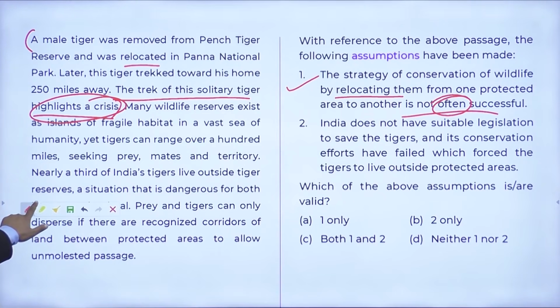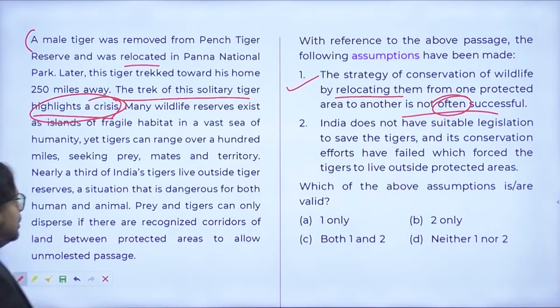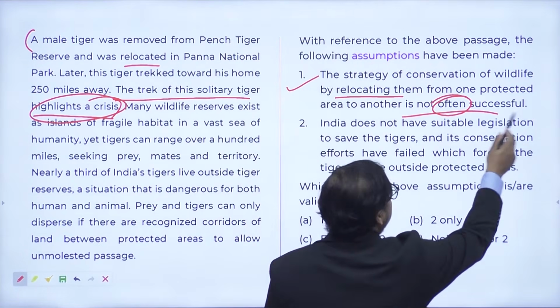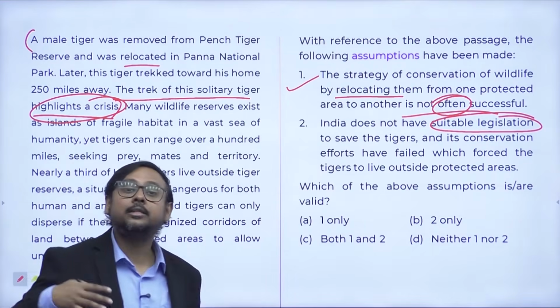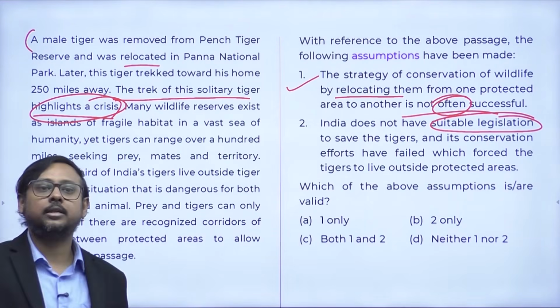India does not have a suitable legislation to save the tigers, and its conservation efforts have failed, which forced the tigers to live outside protected areas. Anywhere is it mentioned about this suitable legislation? This is why these kinds of questions are difficult.